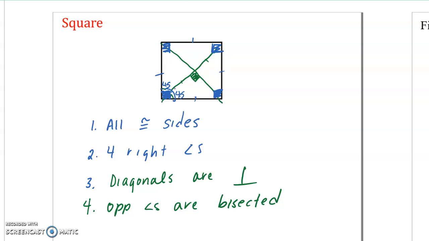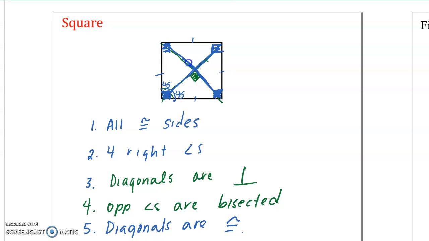Okay, so it's not like a square can have any other value than 45. And so diagonals are perpendicular, opposite angles are bisected, all sides, and then the thing would be that diagonals are congruent. Okay, and so if you wanted to describe a square, you have to be really specific.